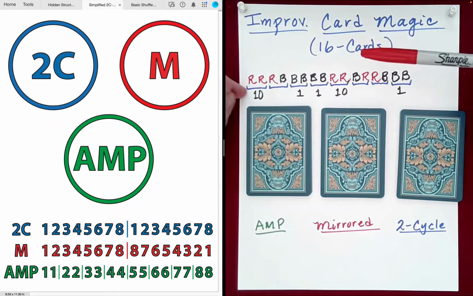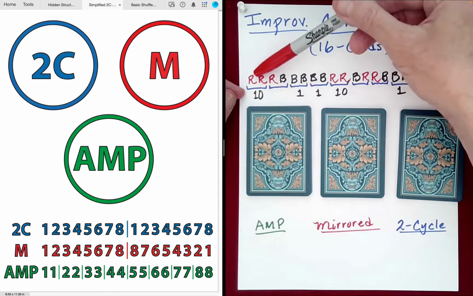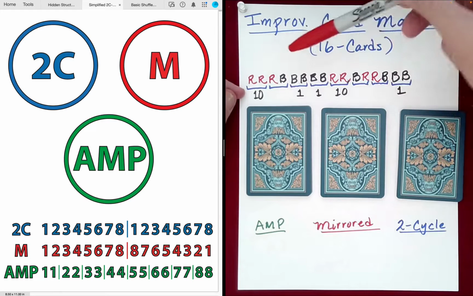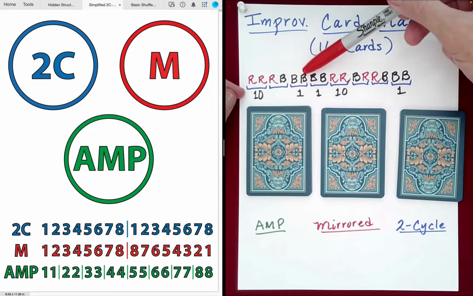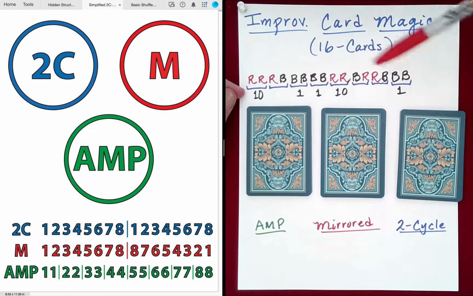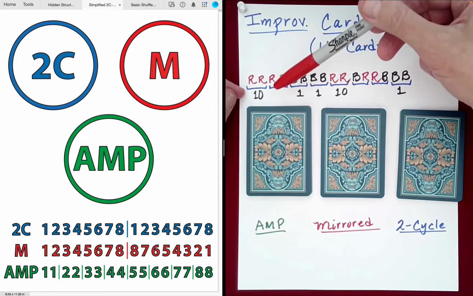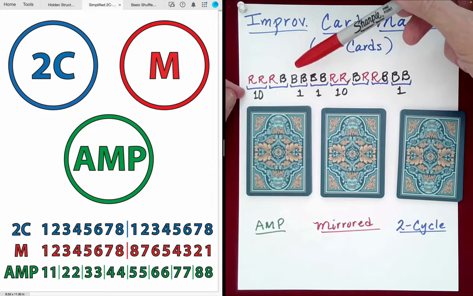So we will count a red pair as 10 and a black pair as a 1, so that when we add all of these values, the tens place will simply tell us how many red pairs we have, and the ones place will tell us how many black pairs we have.